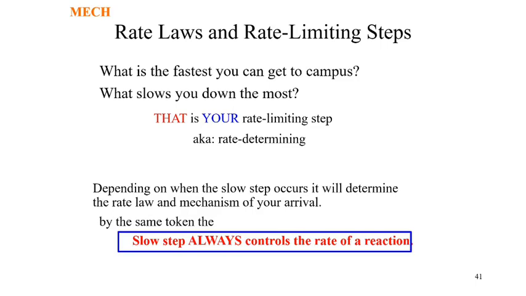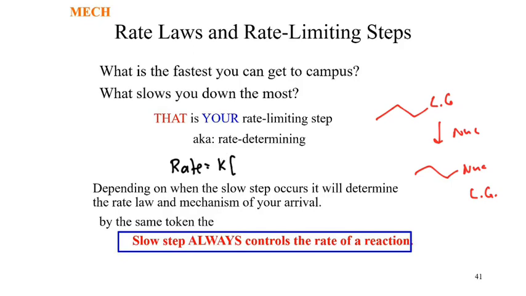So if I went through and wrote out a rate law, let's take a look at a quick experiment. Here's a leaving group. Here's a nucleophile. And I want to run this experiment. I could write out a rate law for this. I could say the rate is equal to the rate constant times the concentration of the species with the leaving group.